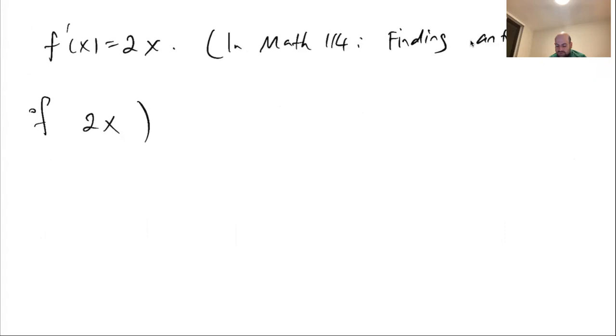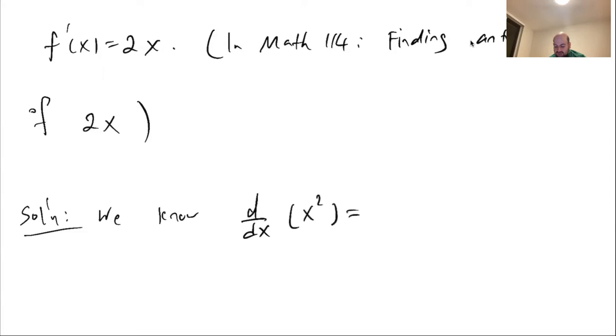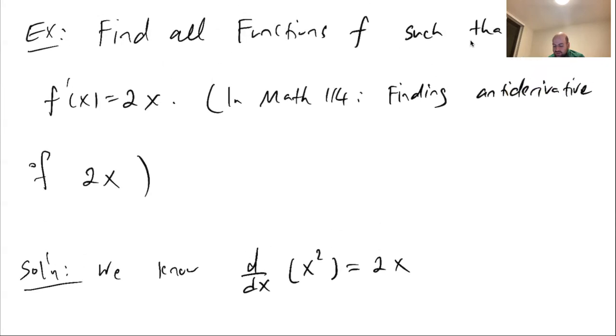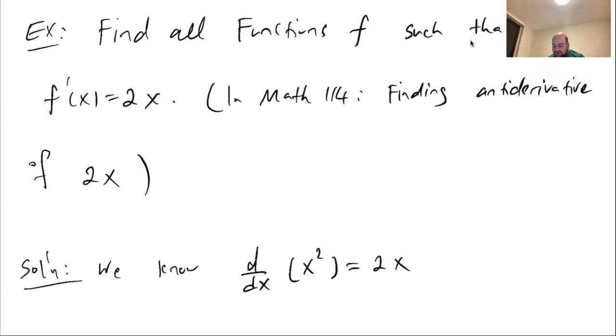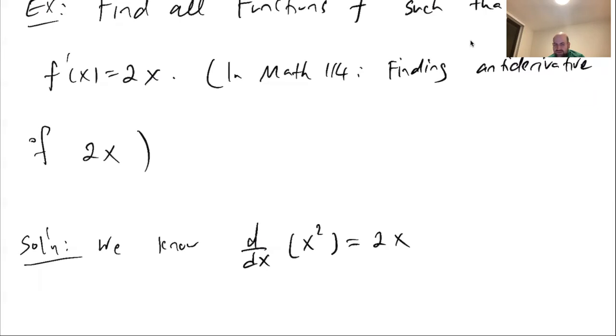Okay, so what do we know as a solution? We know that the derivative of x squared is 2x, so that's what we know for sure, right? Derivative of x squared is 2x. Now, we want to find all functions f whose derivatives are the same as the derivative of x squared.